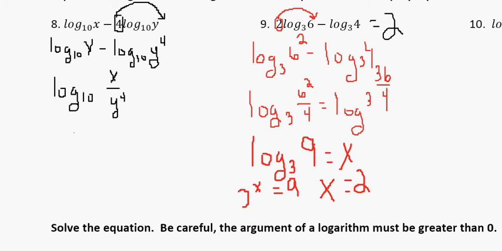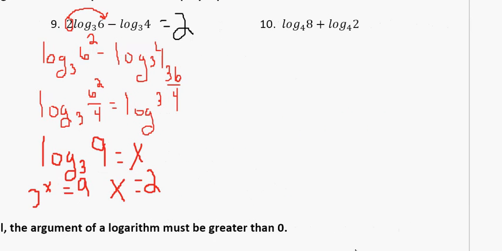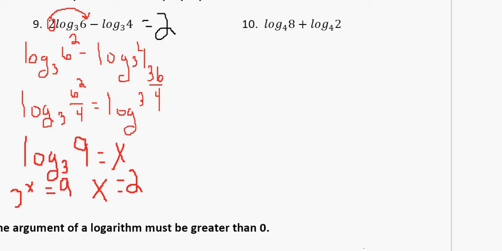Okay, so scrolling over, we'll take a look now at number 10. And what I would like for you to actually do is pause the video and try number 10 yourself. You see that the logarithms are added. So when you see that they're added, you're going to condense them under one logarithm where the arguments are multiplied, and then evaluate the expression.